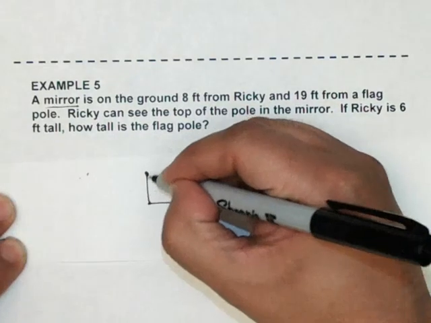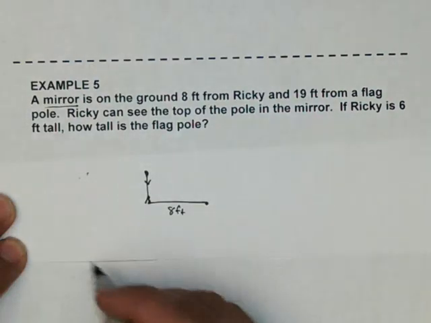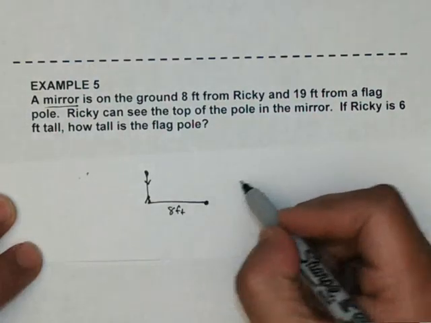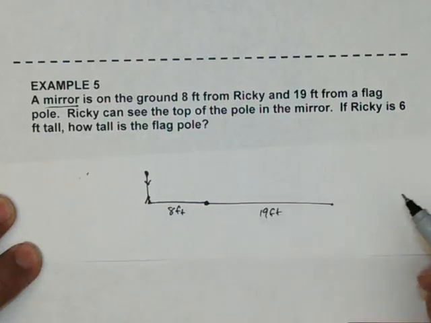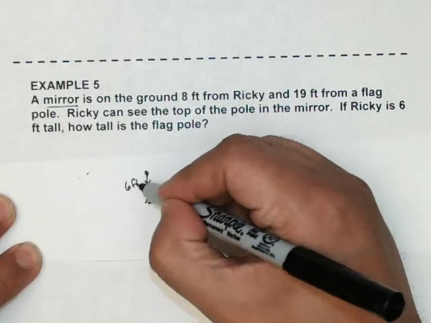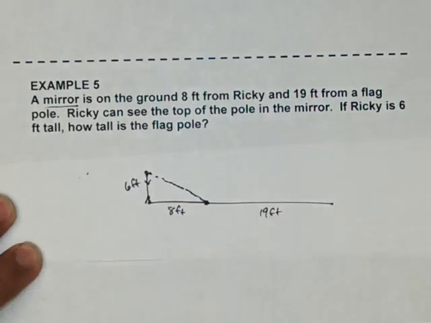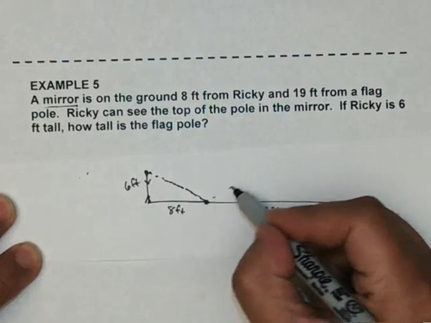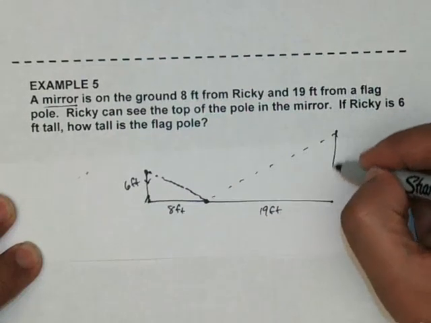so here's Ricky. And that mirror is 19 feet away from a flagpole. Ricky is 6 feet tall. So his line of sight is going to create a right triangle going this way, and that mirror would let him see this direction towards the flagpole.